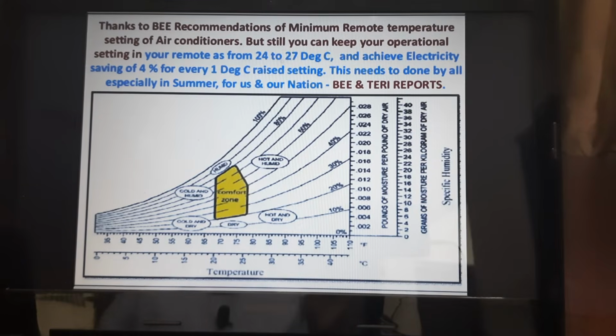Thanks to the Bureau of Energy Efficiency recommendations on the remote temperature setting of air conditioners, you can keep the setting from 24 to 27, and for every 1 degree rise from 24 to 27, you can see the graph. It is illustrated very well.